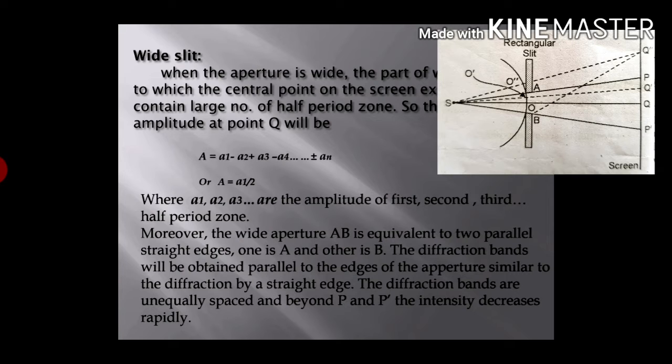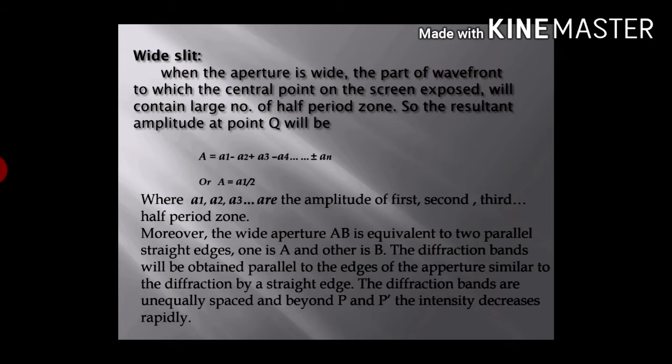When there is a large number of half period zones, the effective amplitude at any point will be A equals A1 minus A2 plus A3 minus A4 and so on, or half of the amplitude due to the first half period zone, where A1, A2, A3 are the amplitudes of the first, second, third half period zones.